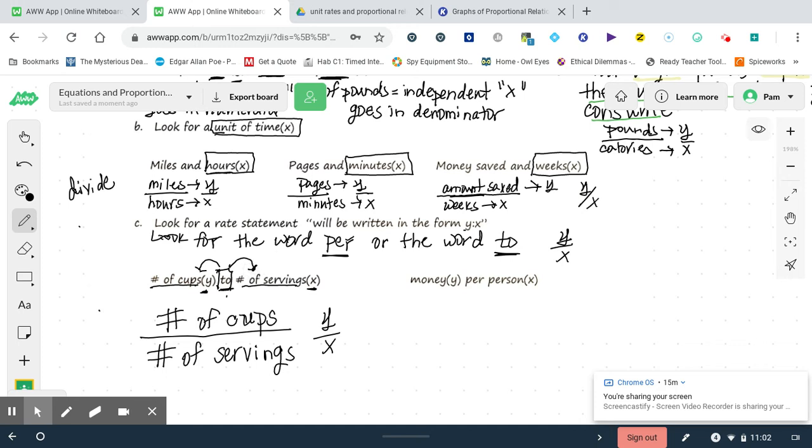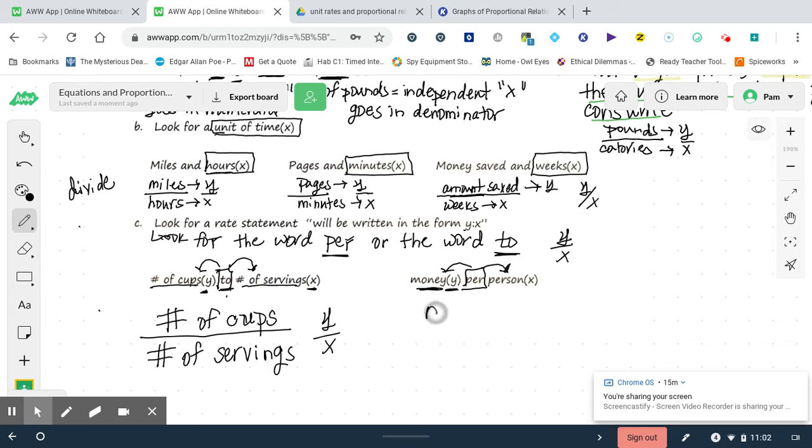This one has the word per in it. And what is before the word per is like your y, which is money. This is money per person. And whatever is after the word per is like your x, okay?